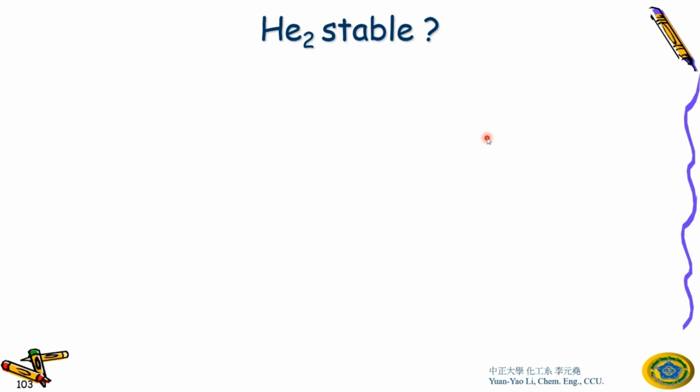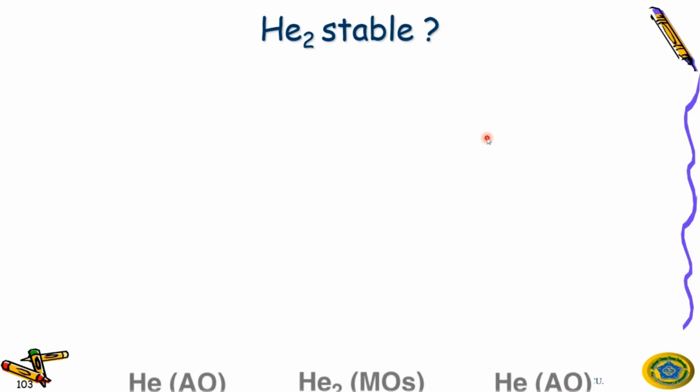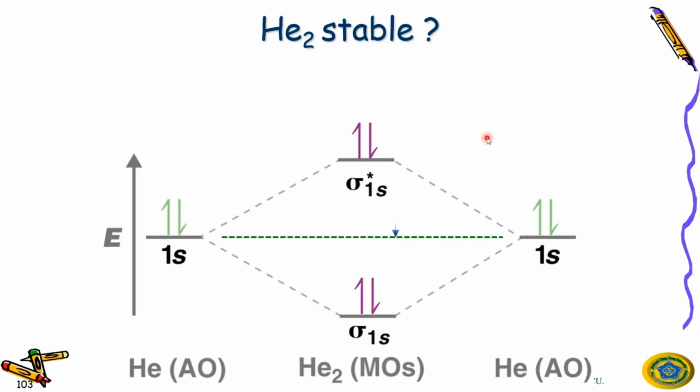Is the helium molecule stable? As a matter of fact, you have to think of the energy. You have energy in the anti-bonding molecular orbital, and you have energy in the bonding molecular orbital. You have to put this energy together and see whether it is lower or higher than the separate atoms. That's what we do, right?